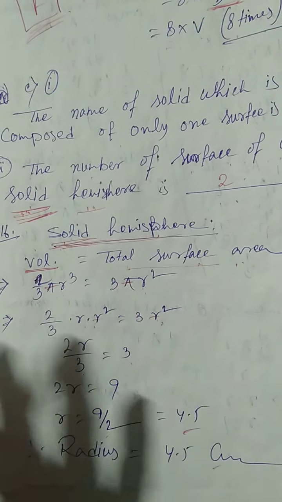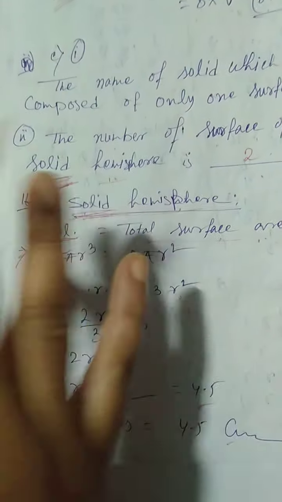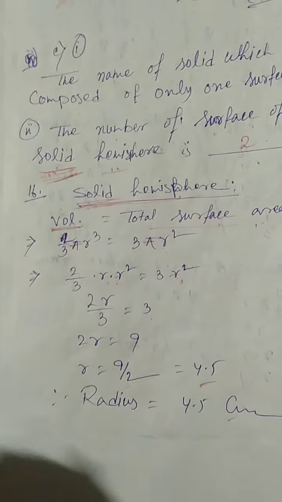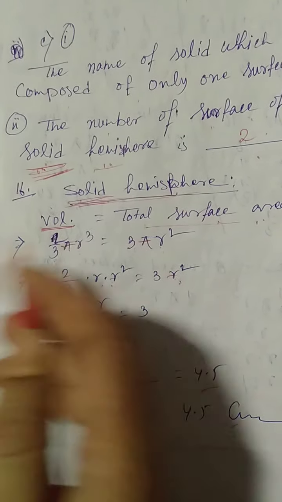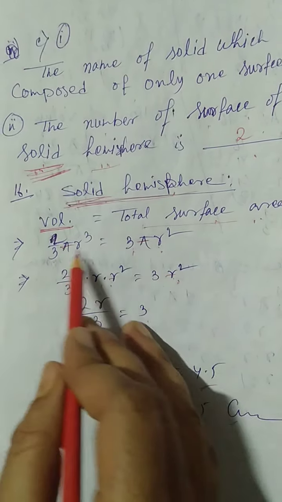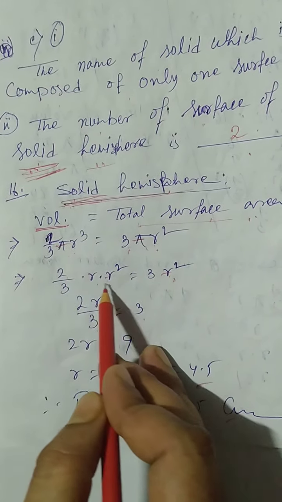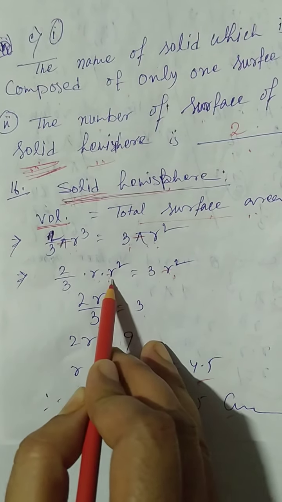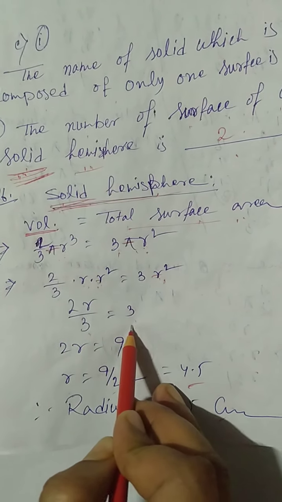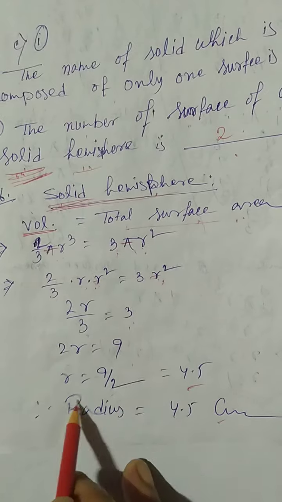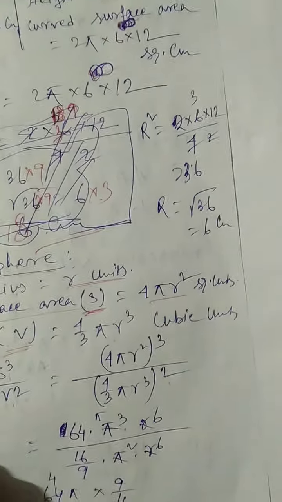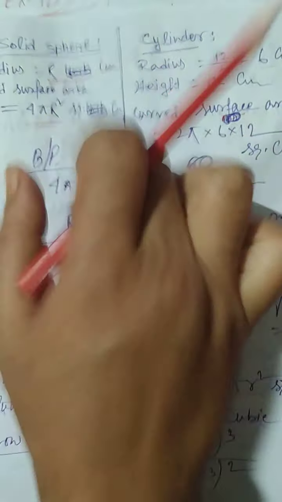Okay. Total surface means curved surface plus plane surface. Curved surface is 2 pi r square and plane surface area is pi r square. So this is 3 pi r square. From here both sides pi will be eliminated, and r cube, you can write as r into r square. So both sides r square will be eliminated. So 2r by 3 equals 3, 2r equals 9, r equals 9 by 2, that is 4.5 centimeter.